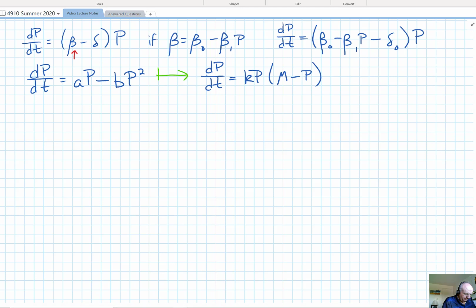And this is our logistic model. And the important thing is this value right here, m, is our carrying capacity. That's why it is structured that way, right? So if we know how many rabbits our island can support, then that value goes in there.